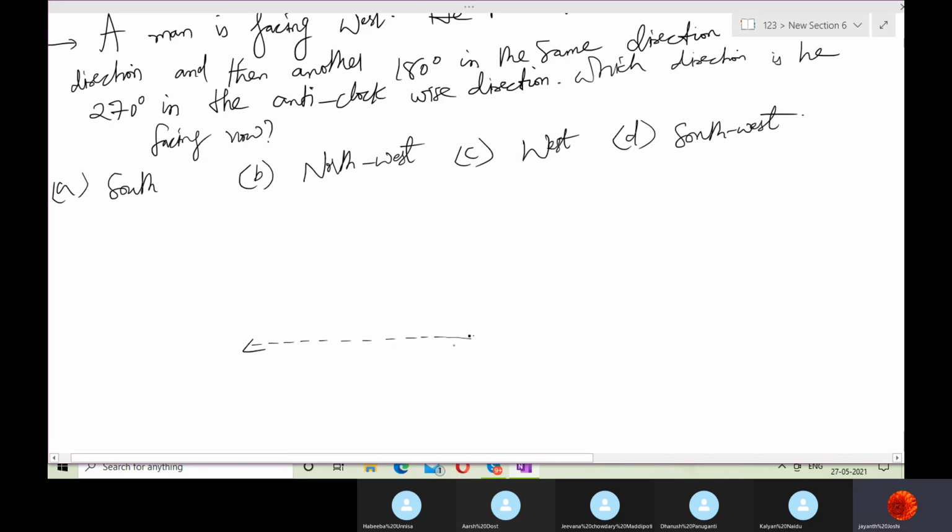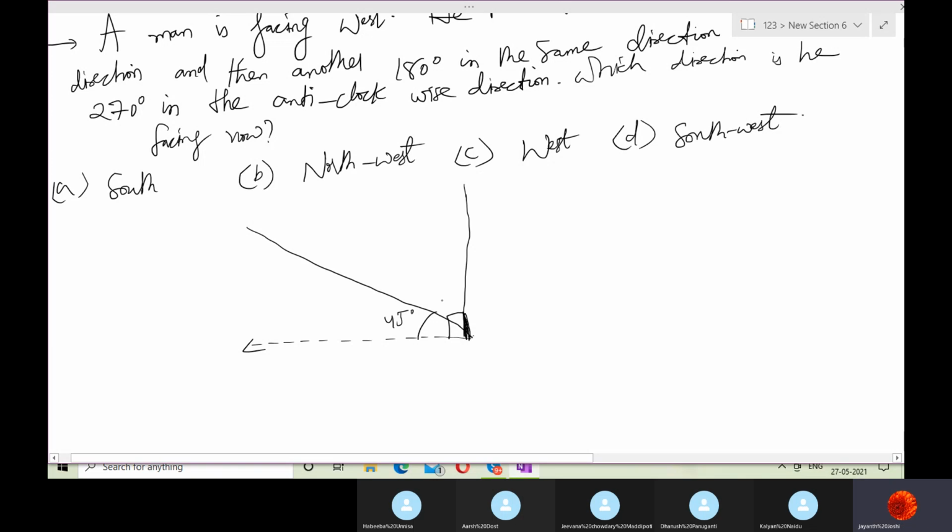He is just facing, he is not moving. Then he turns 45 degrees clockwise. So this is 90 degrees, correct? All of you agree? Yes, sir. If this is 90 degrees, 45 degrees would be half of this. So he has turned 45 degrees clockwise.